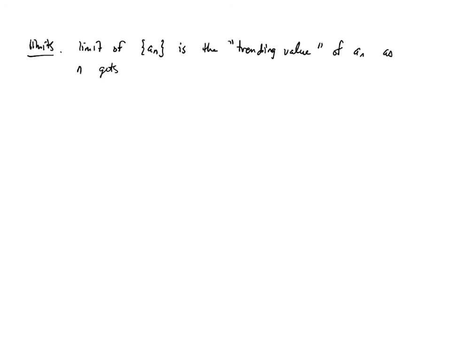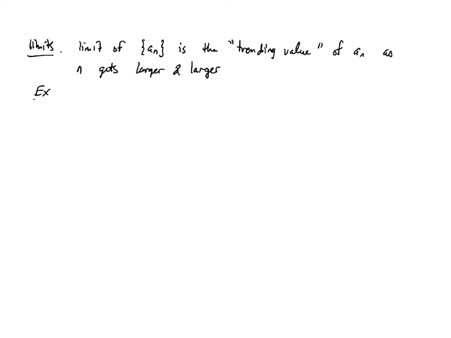The next thing we want to understand is the limit of a sequence. And just like with a function, a limit for a sequence is a trending value. So the limit of a sequence, if it exists, is the trending value of the term a_n as n gets larger and larger.